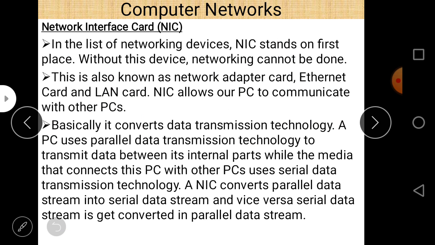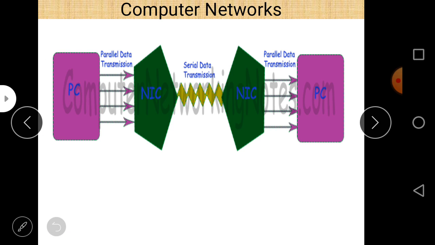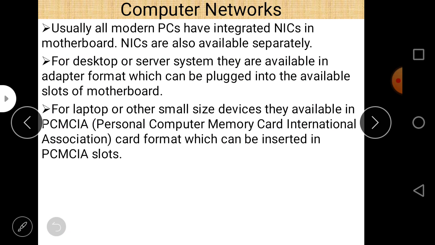It is an essential part of all computers. In a computer system, generally it is found as a network adapter card. This is also known as a network adapter card, Ethernet card, and NIC card. In desktop systems it is available in adapter format, but in laptops it is available in PCMCIA format.